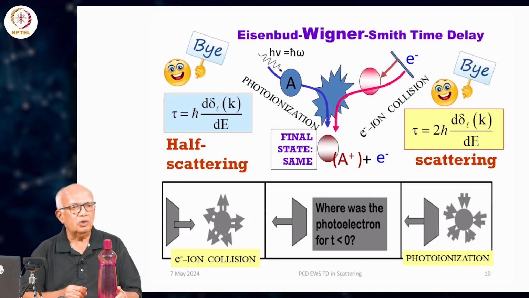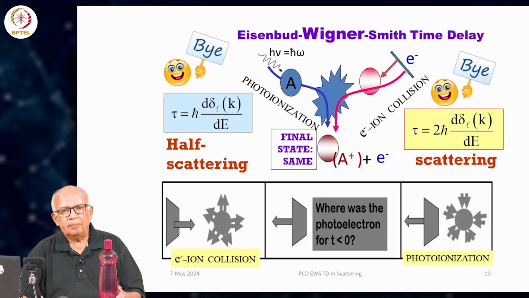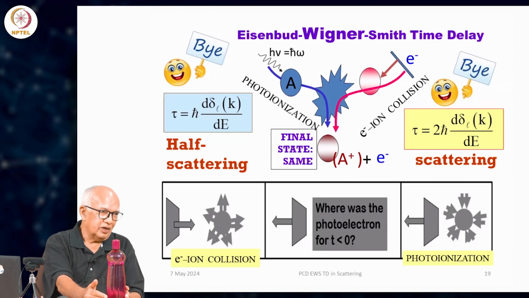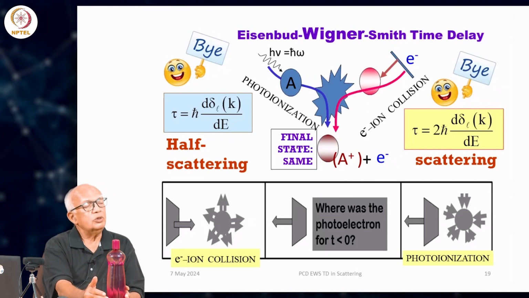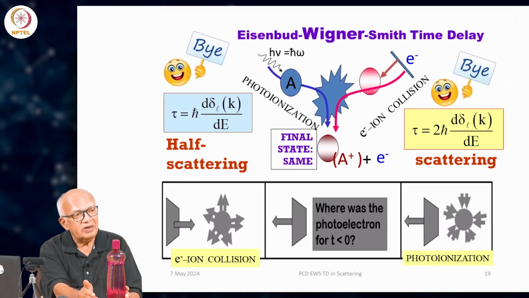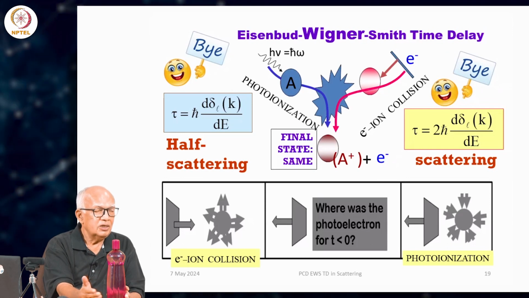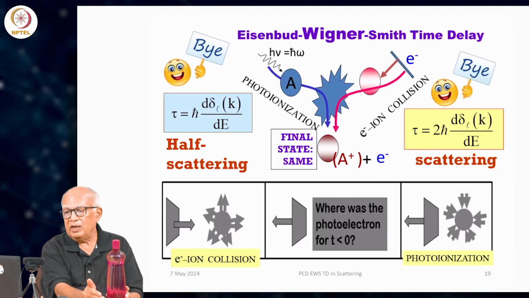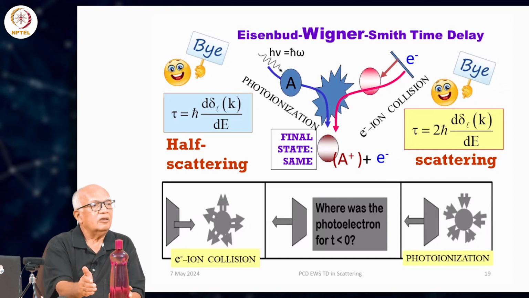It is like looking at the railway timetable, and you expect the train to reach your railway station at a certain instant of time, and it is with reference to that you talk about either a delay, or you can even talk about a negative delay if it comes sooner than expected, which is technically called time advancement. And time delay, Wigner time delay, can be both positive or negative, but only with reference to something.